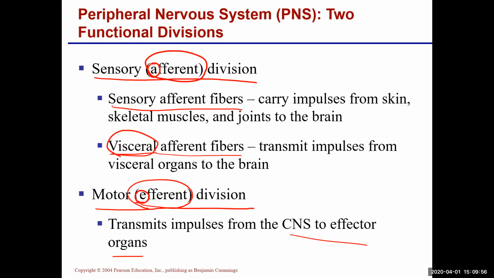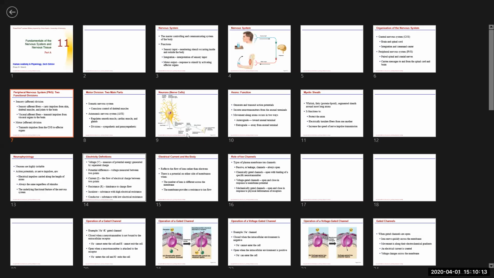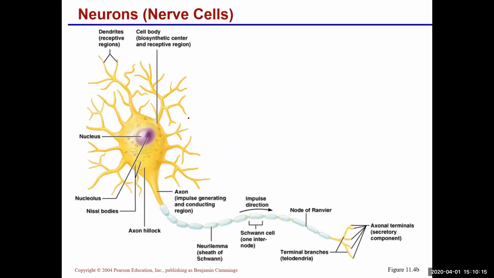But regardless, let's take a quick look at a little bit of the anatomy of the neurons. I don't want to go over too much detail because you're supposed to have that already, but it won't hurt to refer to the different parts because we're going to be talking about the nerve.